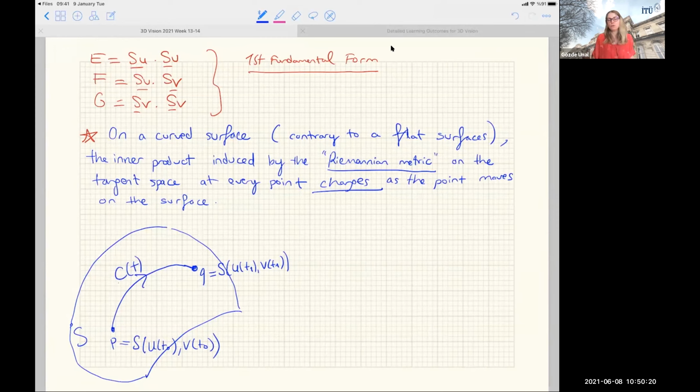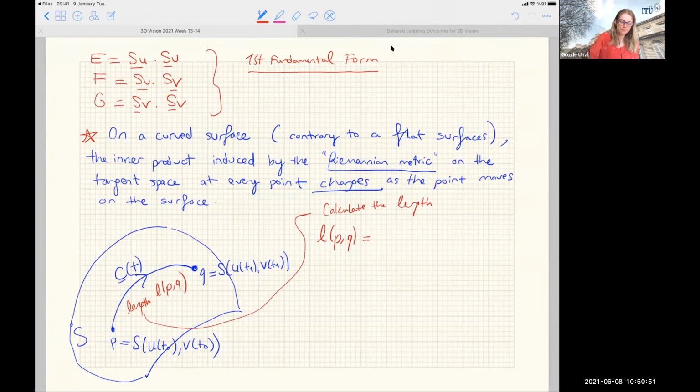Now you guys know curves well. I want to look at the length. I want to calculate the length of this curve on my surface, let's say L_PQ. How do I calculate this length? This quadratic form will help me.